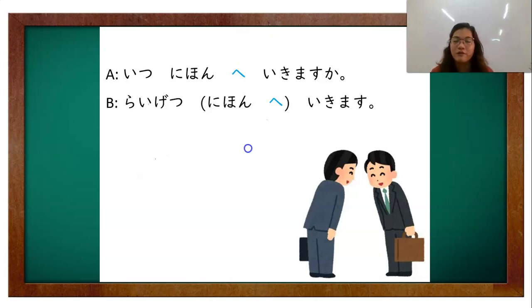Okay, so since you have close and open parenthesis, pwede mo nang i-omit yan because it's understandable that papunta kang Japan. Okay? So you can omit that, but it's better to say it in a complete sentence also. Okay, so again, itsu means when, and you are going to ask the time kung kailan ka pupunta, either next month, next year, or just like that.